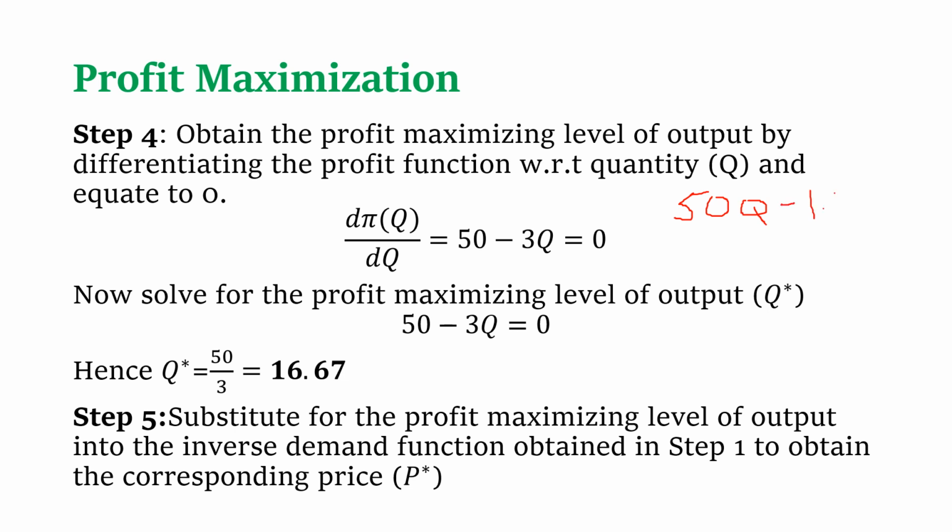We differentiate this whole function, 50Q minus 1.5Q squared, with respect to the quantity. Now remember, the quantity has an exponent which is 1, right? You multiply that exponent by the coefficient of Q, which is 50, and that gives you 50.